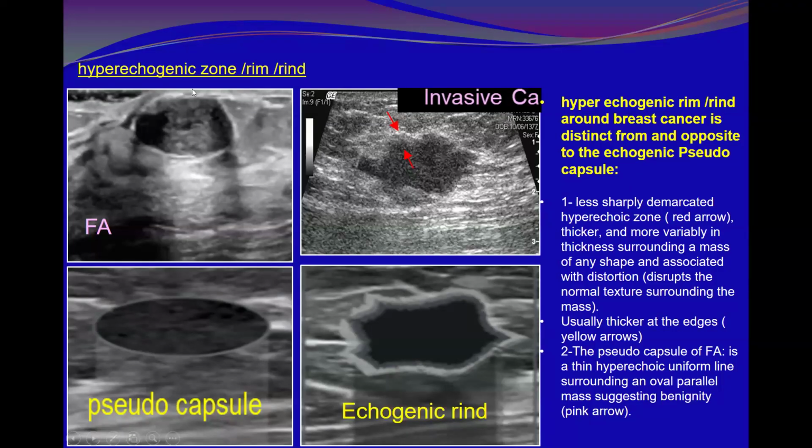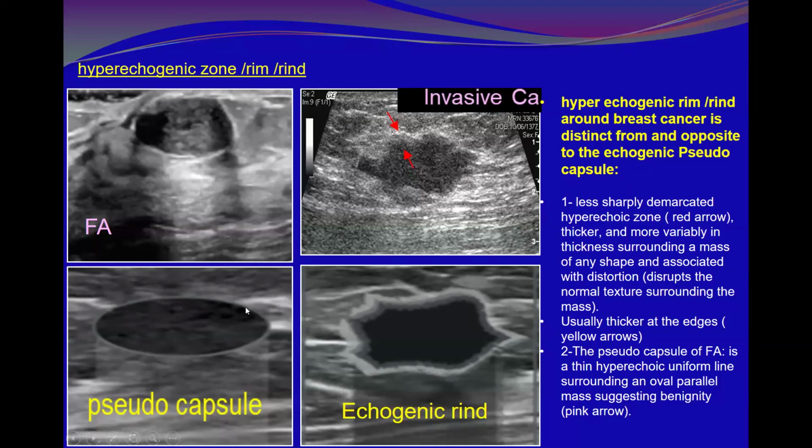This is oval, parallel, homogeneous, hypoechoic, with posterior enhancement and the presence of thin capsules. It has a high negative predictive value, as we mentioned earlier, approaching 98%. But the presence of an echogenic rind, regardless of morphology, has a predictive value for malignancy of 74%.